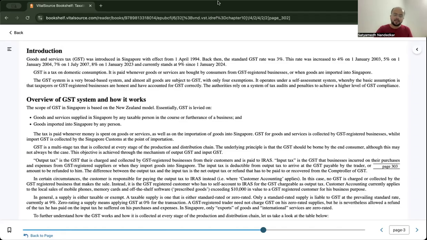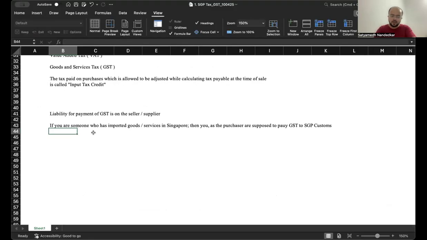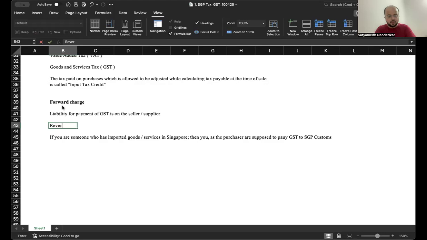Now, please understand that usually the liability for payment of GST falls on the supplier. This is known as forward charge. Okay, but there is a situation which is also called reverse charge. The purchaser is supposed to pay. Now, what is the second situation that we saw here?